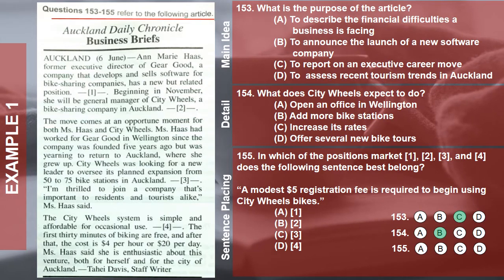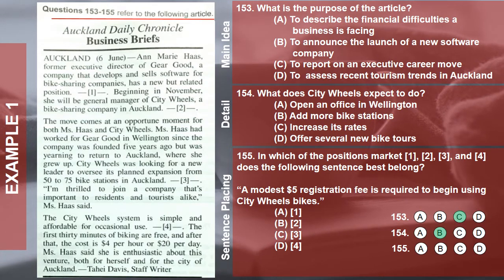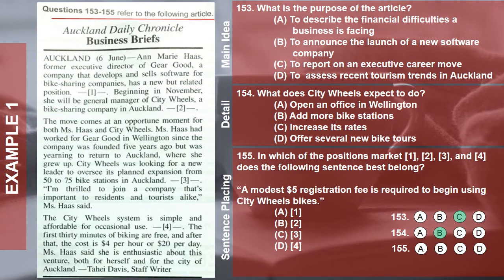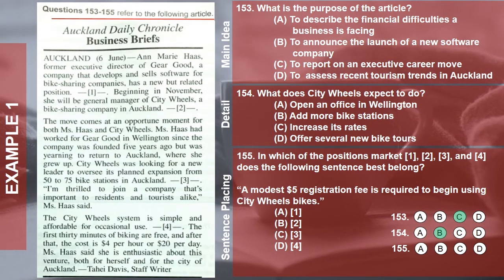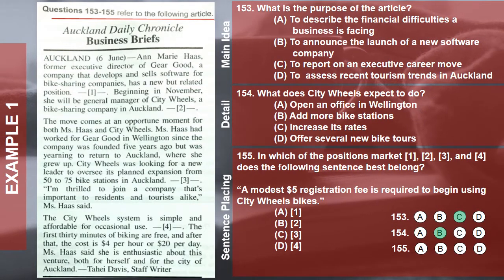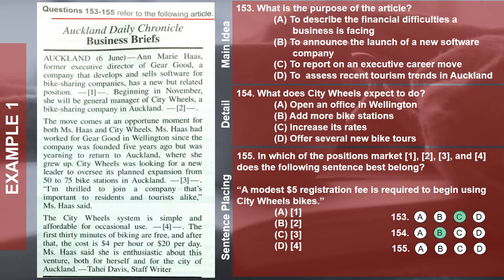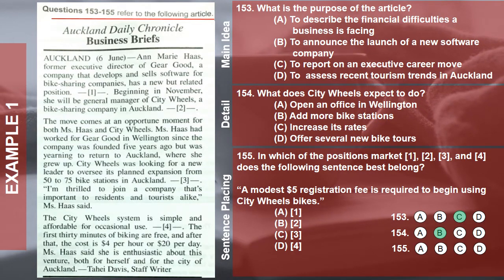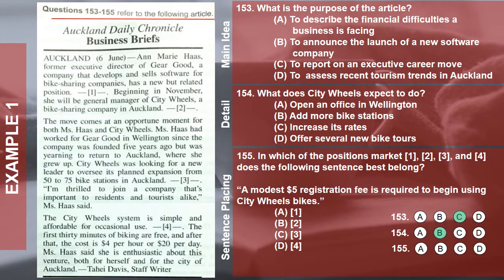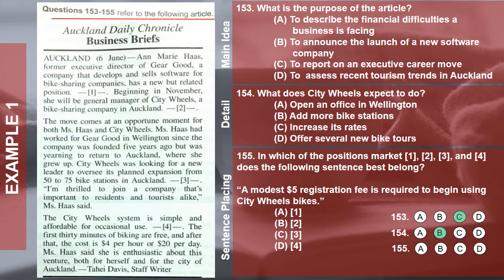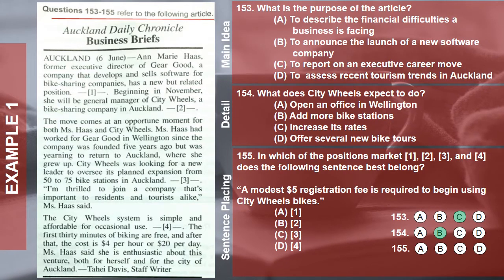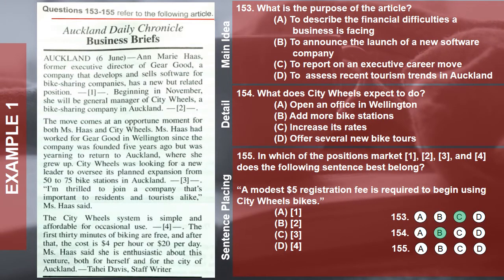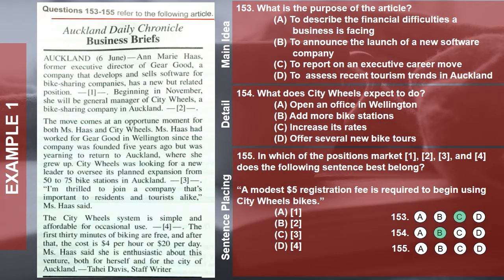155 is a new type of question, sentence placing. A modest $5 registration fee is required to begin using City Wheels. In the first paragraph, they are talking about the executive move. In the second paragraph, they are talking about adding new bike stations, and the third paragraph is talking about their services. In position 1 and 2, you cannot put in the sentence because it's talking about the service, and in 3 they are talking about bike stations, but in the fourth position they are talking about the details of the service.